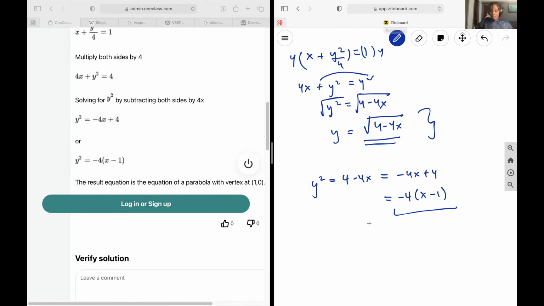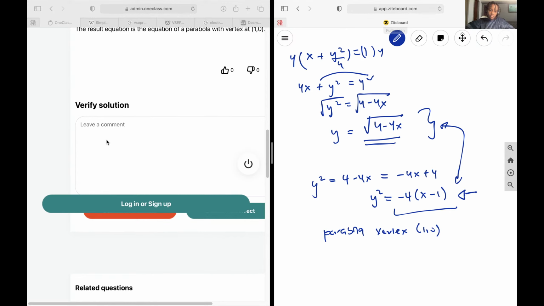And this describes a parabola, y squared, a parabola with a vertex at (1, 0). You can give your answer in any of these two forms. This one is a little bit better because it gives the person reading your answer a better picture of what you're describing.